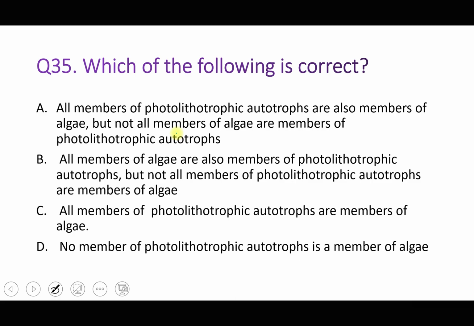Now, first of all, understand the meaning of the term photolithotrophic autotrophs. Obviously these are organisms which carry out photosynthesis, so they prepare food in the form of carbohydrate. Photo stands for the presence of light. Litho stands for the type of electron donor, which is inorganic.